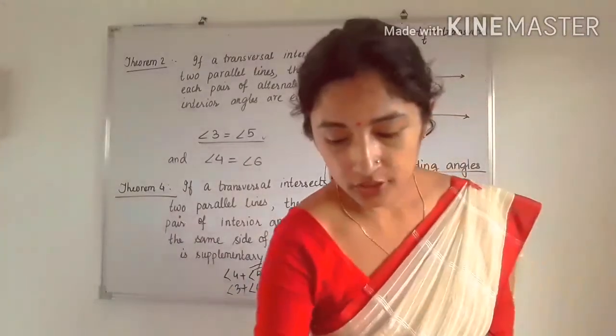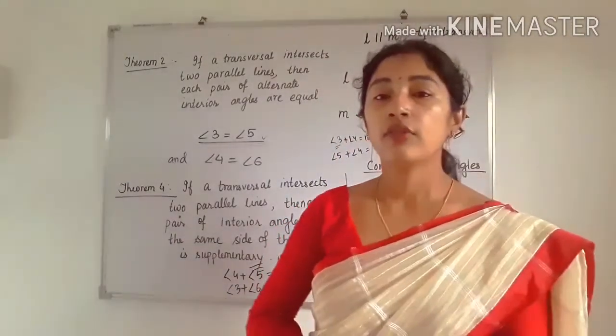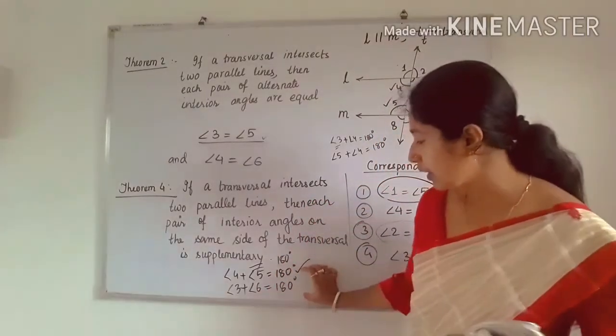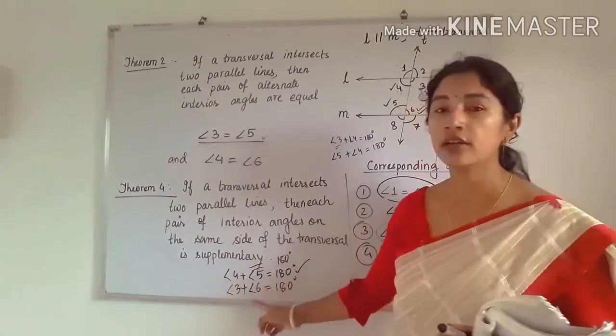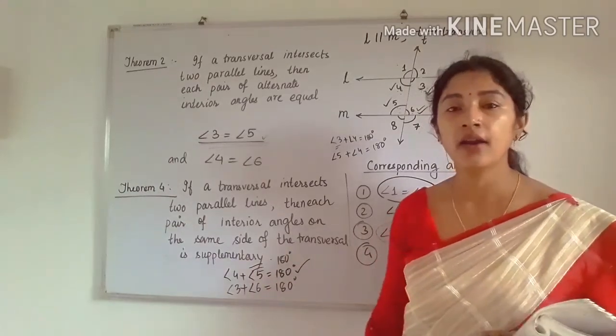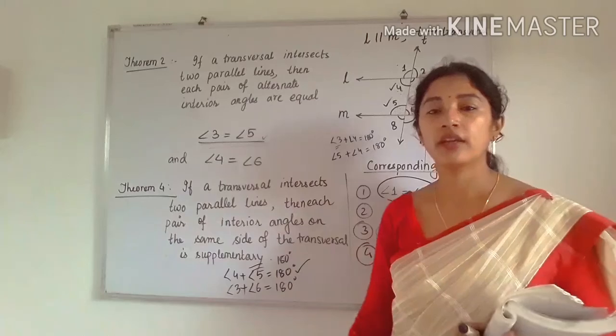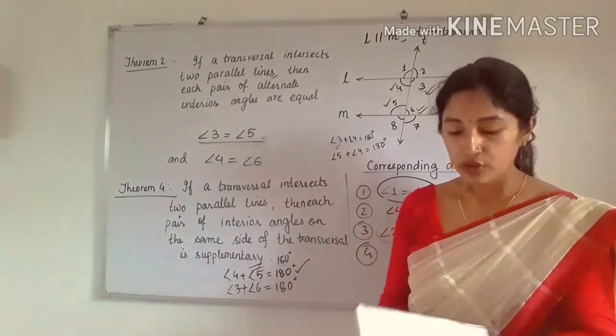Okay. So the next theorem is the converse of this theorem, that is theorem 6.5. What will be the converse? See, if this is given, okay, if the sum of the angles on the same side of the transversal is supplementary, then we can say the lines are parallel. Okay, if this is given, then the lines will automatically be what? Parallel. Okay.